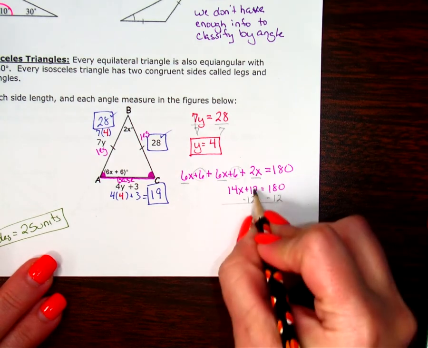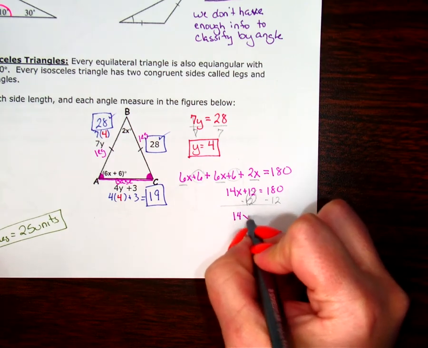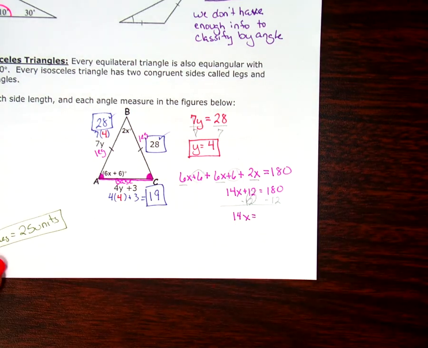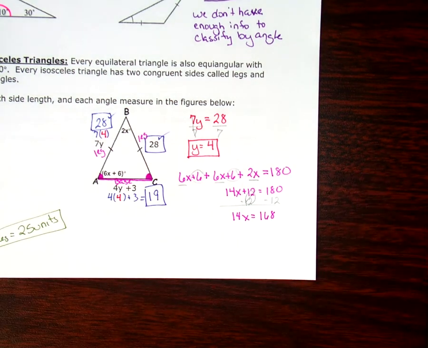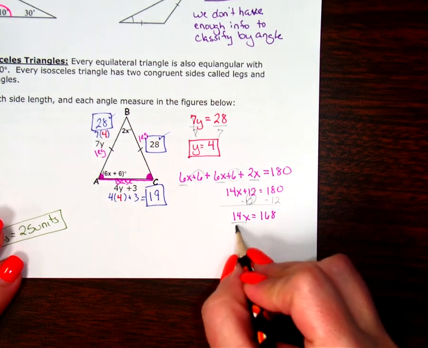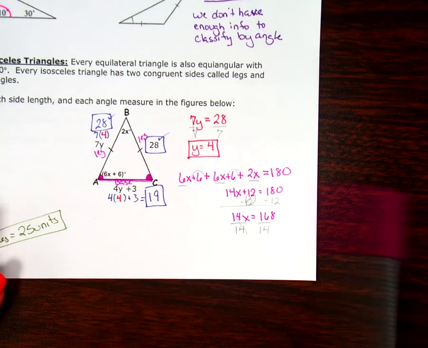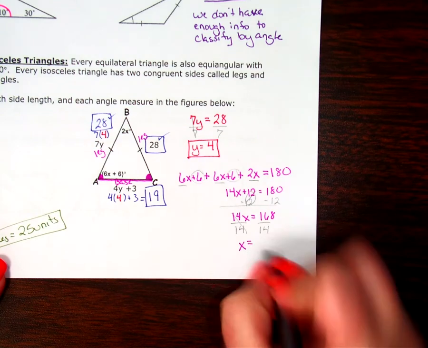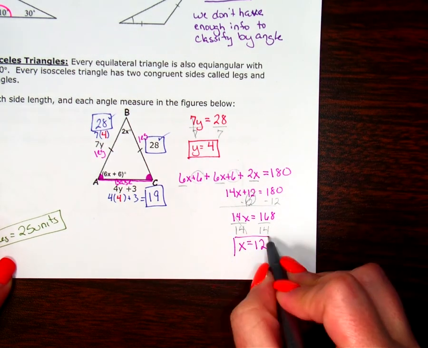Subtract 12 on both sides, and I'm going to get 14x equals 168. Divide both sides by 14, and x equals 168 divided by 14, which is 12.